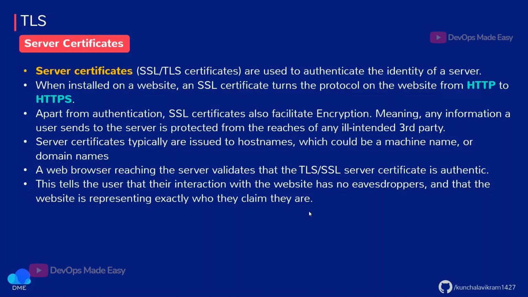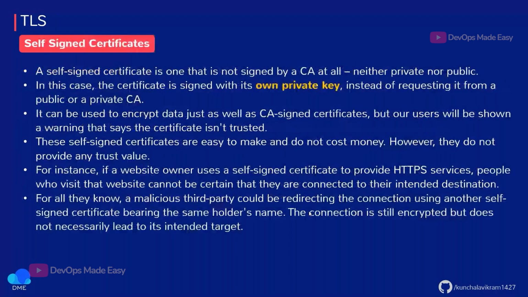When you're using a web browser to talk to an application, the application is sending its certificate back to the browser. Here the server is trying to validate itself, and you are validating the server. Those are called server certificates. Now, what is a self-signed certificate?